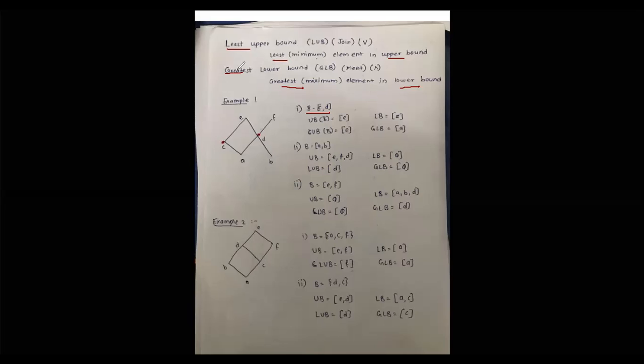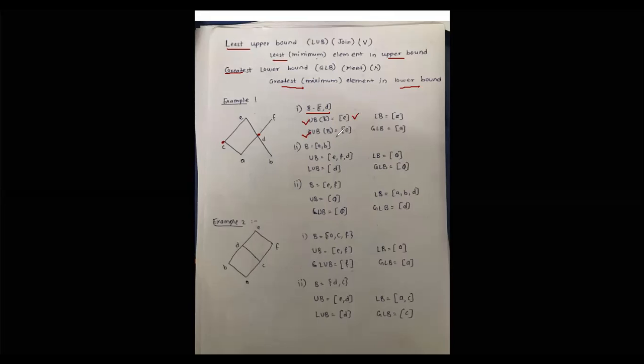Let's find out first the least upper bound. For this, we need to find out the upper bound of set B. We have seen what the upper bound is. So from the definition we can see that E is the only element that comes in the upper bound set. What is now the least upper bound?